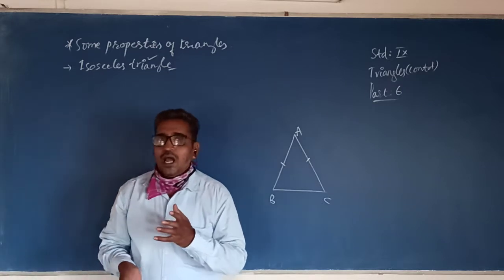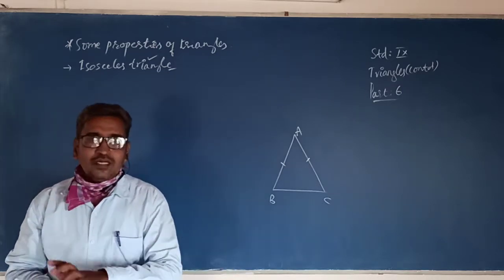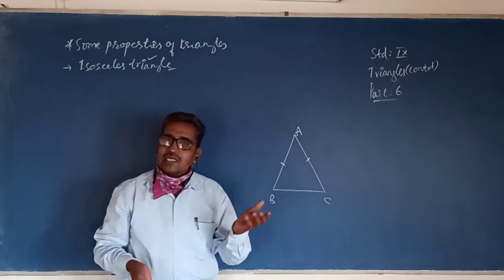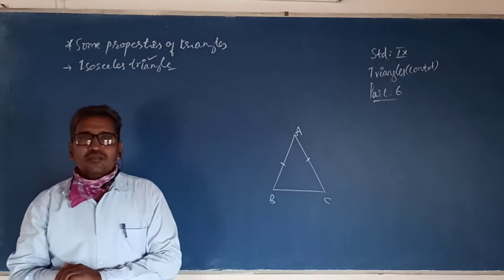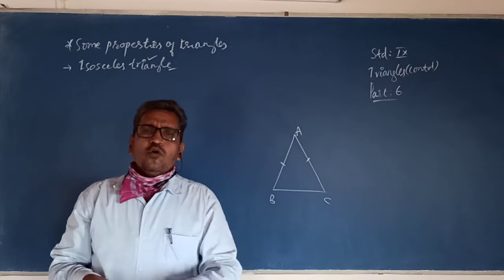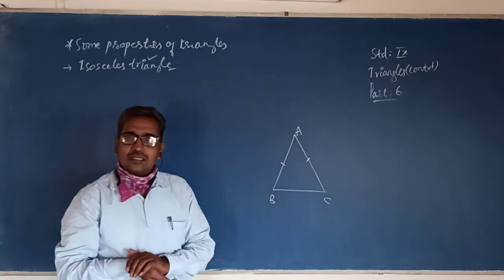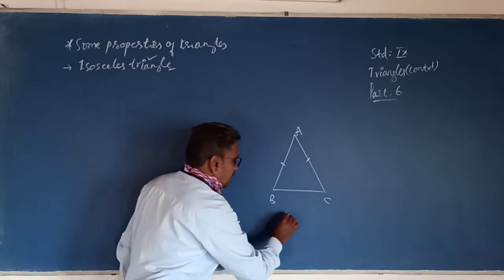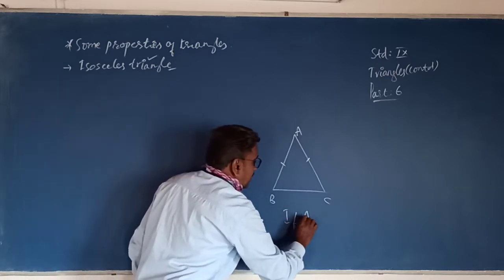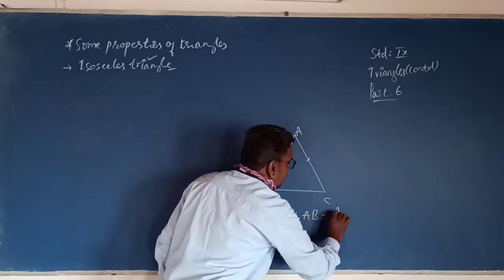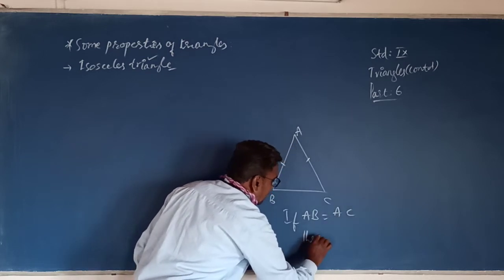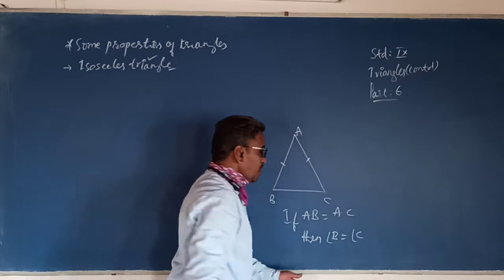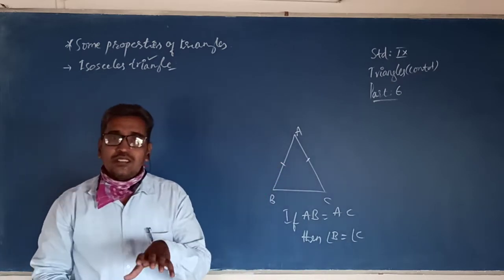Then what about the angles? That is an important property. By having some activities to construct two or more isosceles triangles, we conclude that in that triangle, if AB is equal to AC, then angle B is equal to angle C. What are angle B and angle C related to the sides?